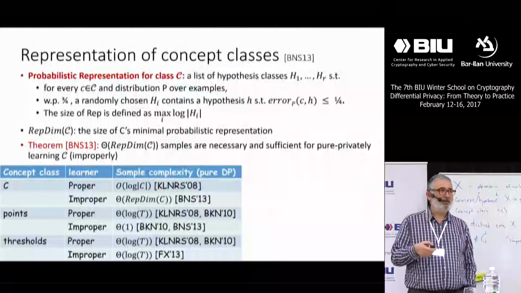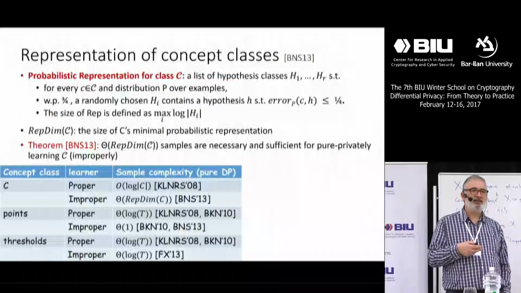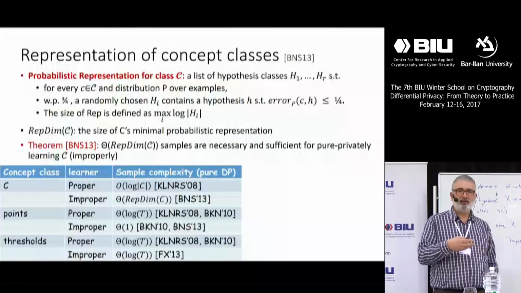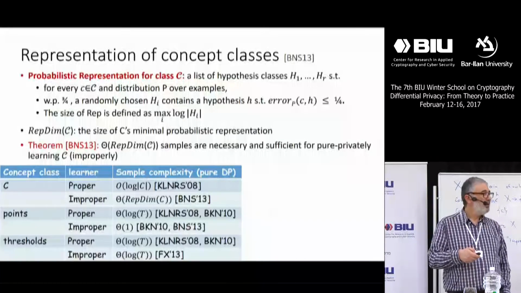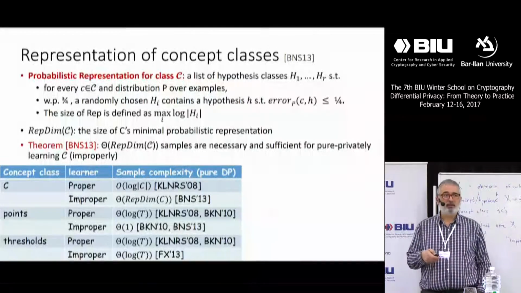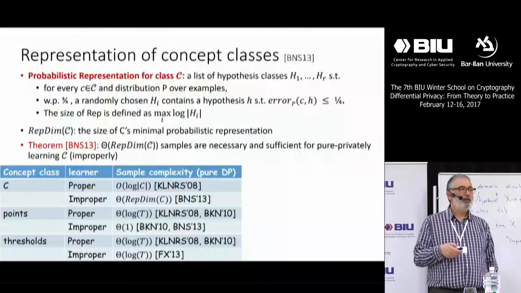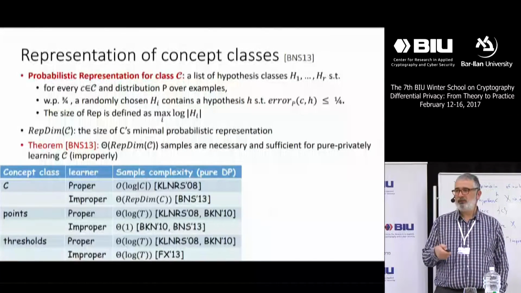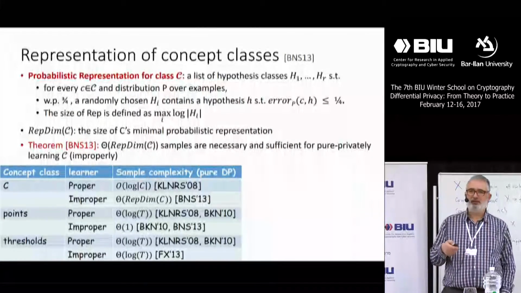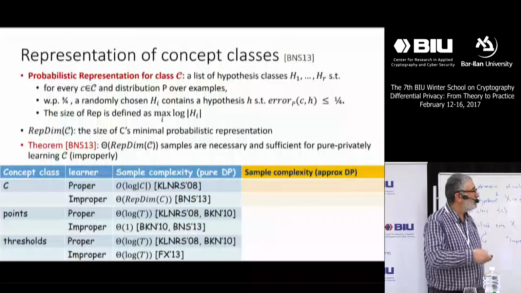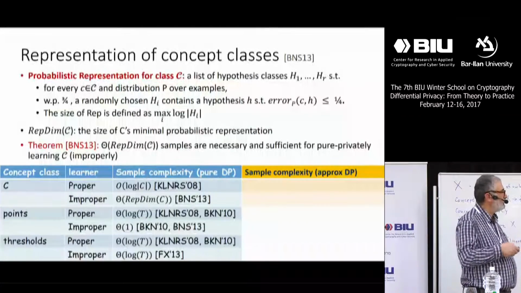So I said there were two qualifiers in this theorem. One was that we were using proper learners. The other was that the learner is a pure privacy learner. So let's see if we can do better when we move from pure privacy to approximate privacy. Approximate privacy means that delta is non-zero. We allow delta that is non-zero. And let me summarize results that we have there.